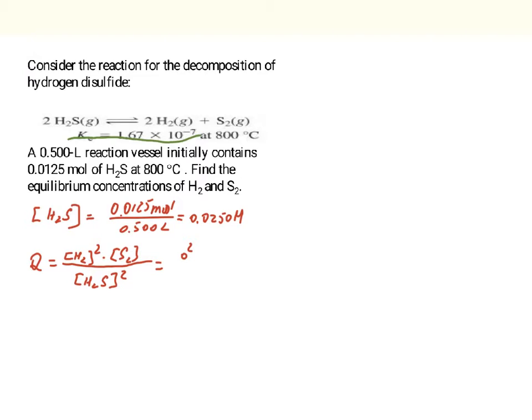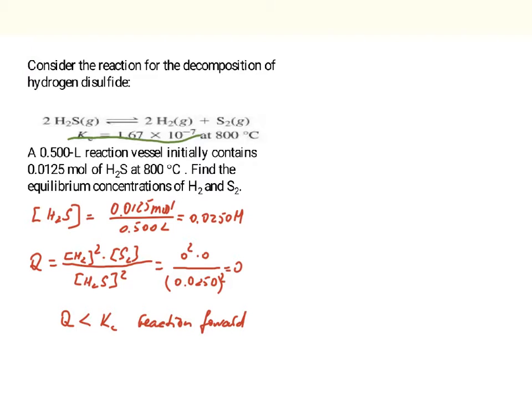We have 0 concentration for hydrogen, 0 for sulfur, and 0.0250 we just calculated for hydrogen sulfide, so the quotient is 0. Hence, in spite of the equilibrium constant being a very small one, the quotient is still less than K. Hence, the reaction proceeds forward.